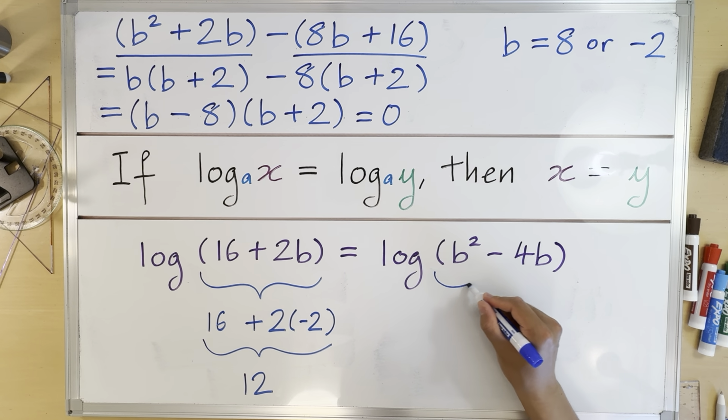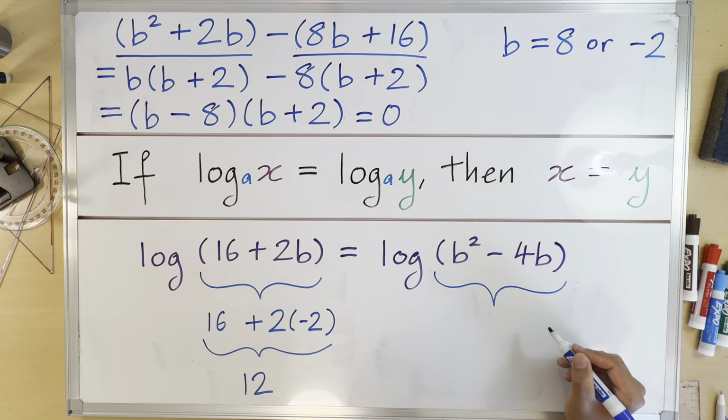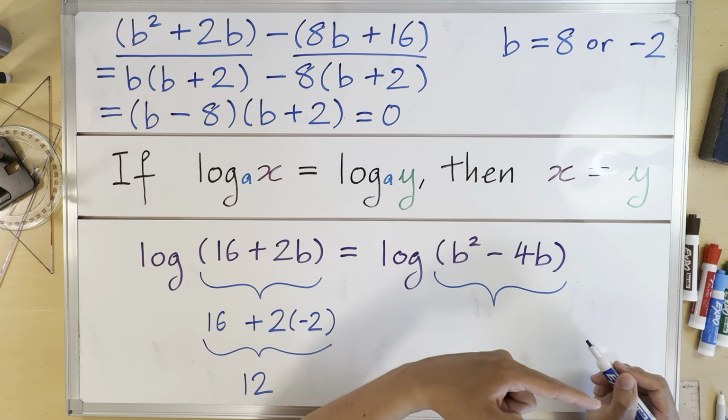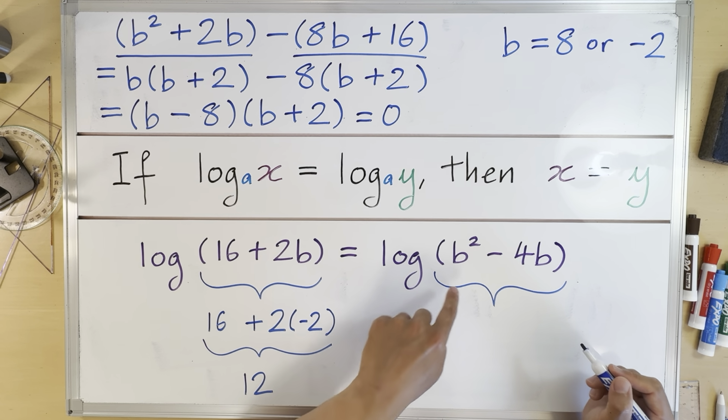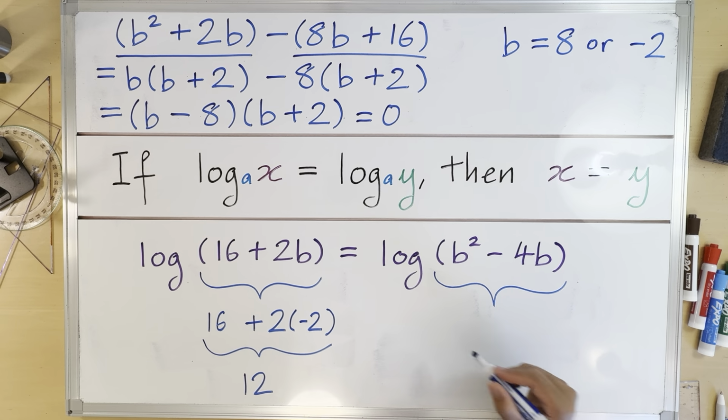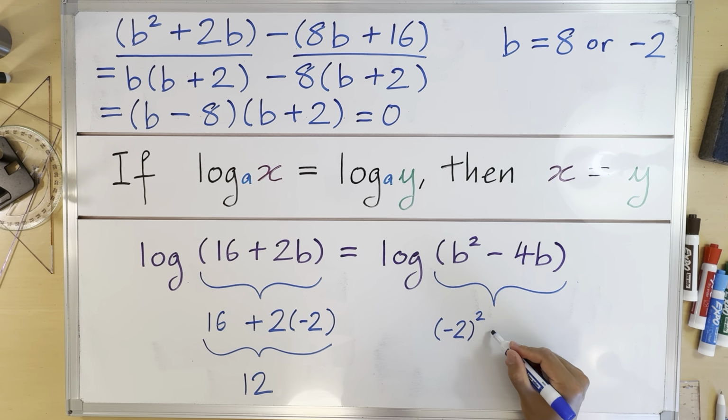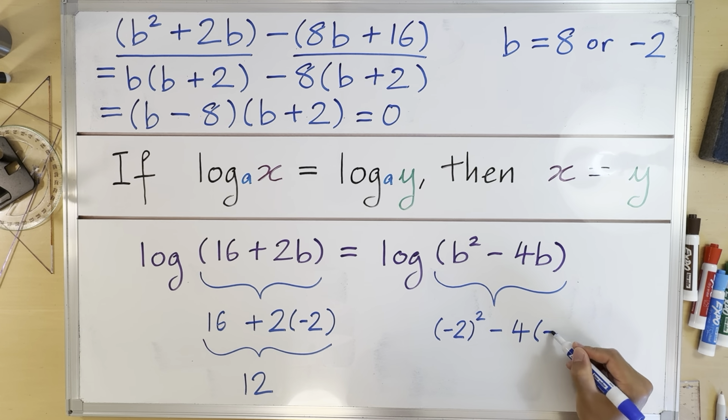Likewise, for the argument of the logarithmic expression to the right side of the equation, this portion would become negative 2 squared minus 4 times negative 2.